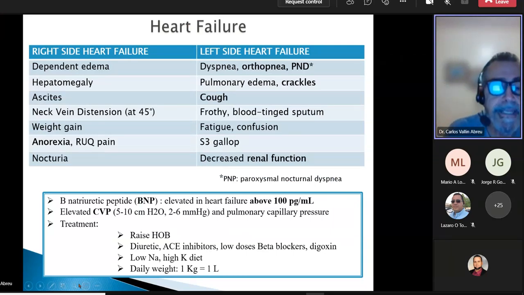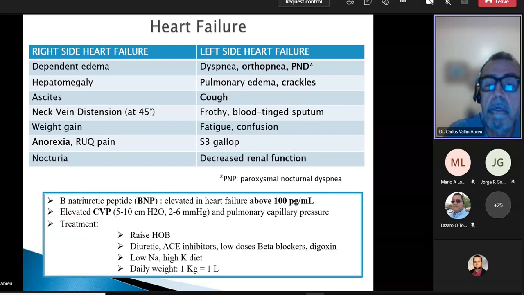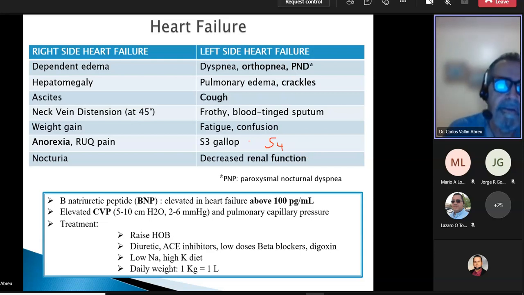There is another sound that can appear that is called S4. This S4 does not have the meaning of S3. It's less severe. It's not normal, but it's less severe.